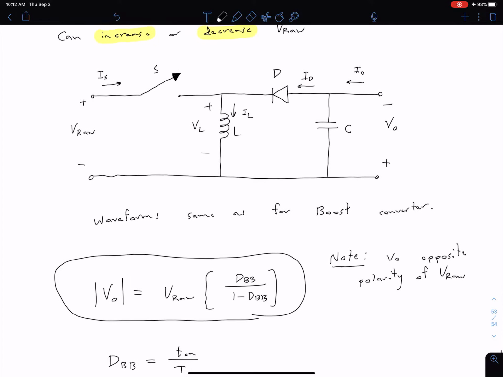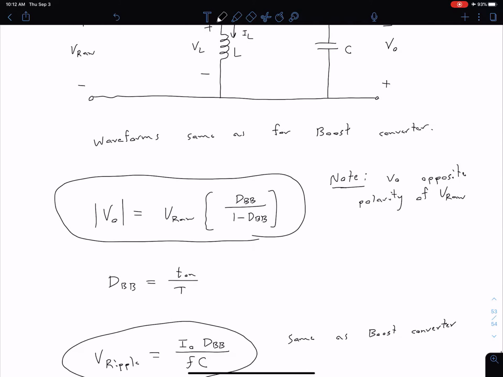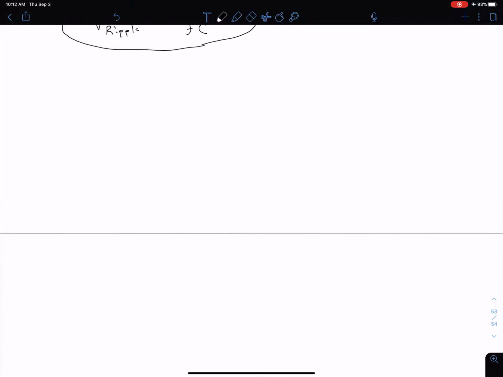One thing we do want to point out is we said that this buck-boost converter can increase or decrease the input. So how do we adjust that? Let's take a closer look at this equation to see if we can figure that out. We have three conditions. Our first condition, let's consider if we have d_BB equals 0.5.